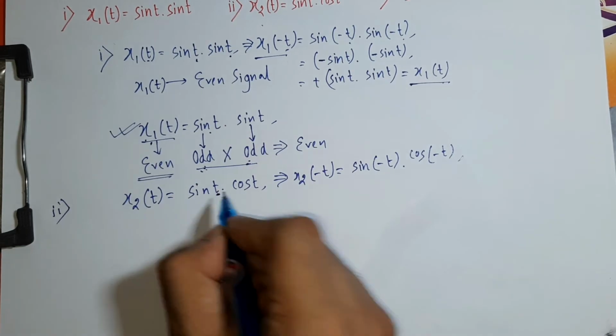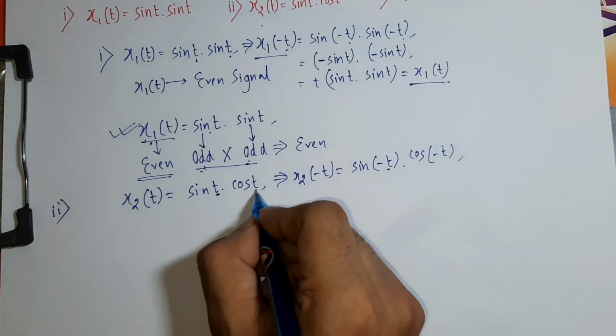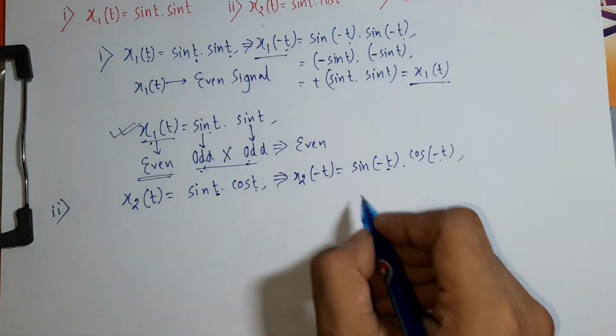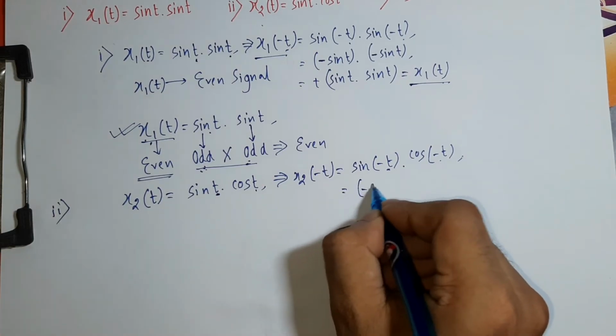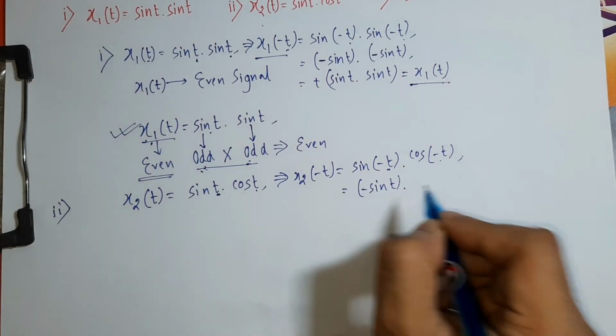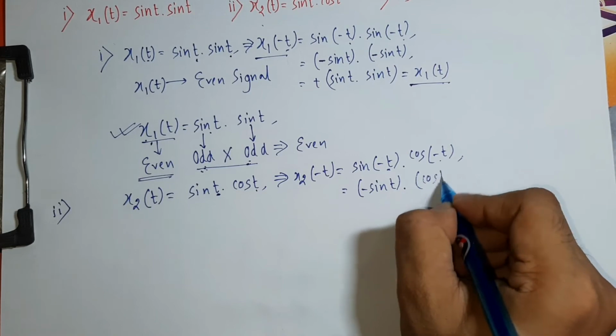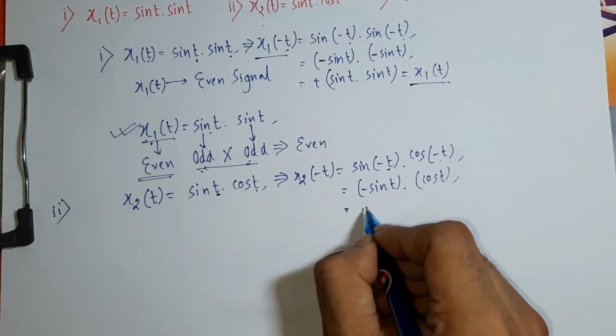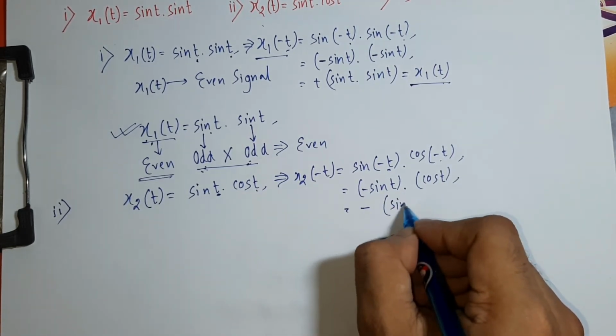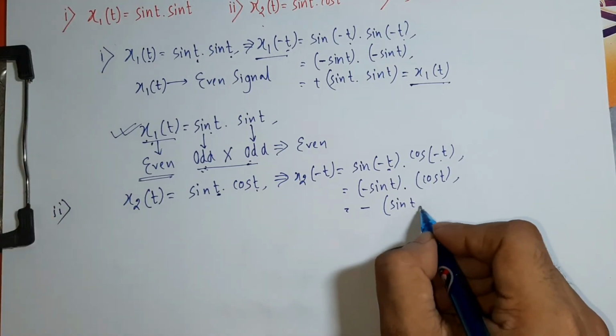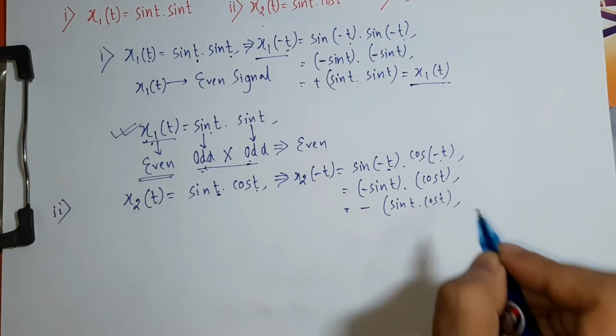This time variable t will be replaced by -t, as well as this time variable t will be replaced by -t. We know that sin(-t) is minus of sin t, whereas cos(-t) is equal to cos t. So what I have finally is minus of sin t into cos t, right?